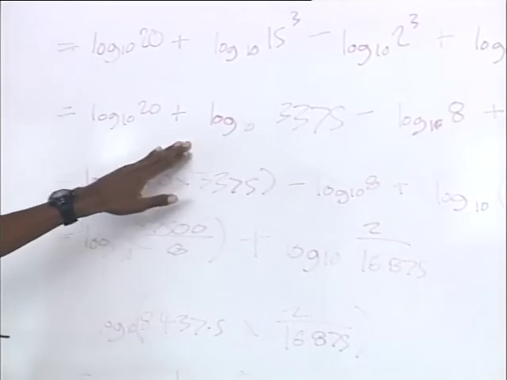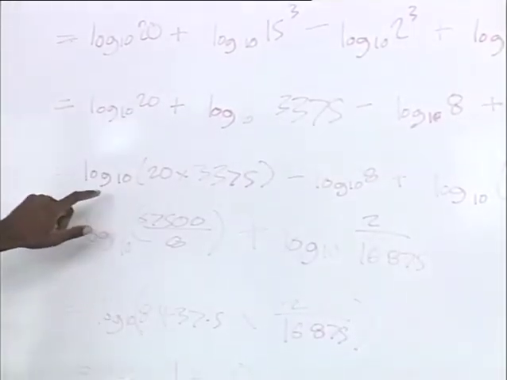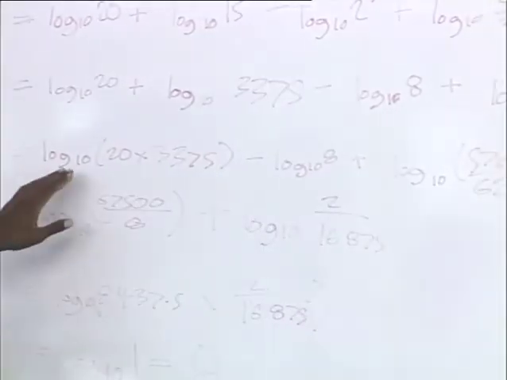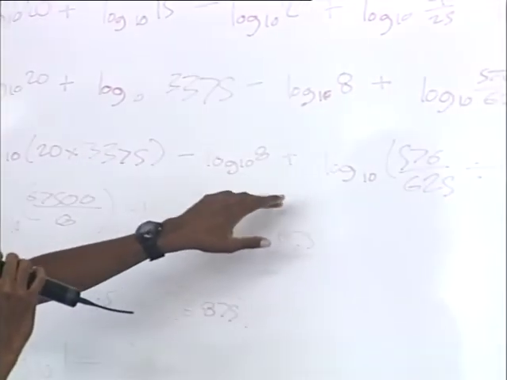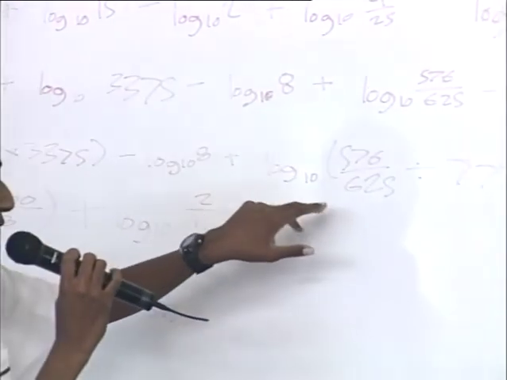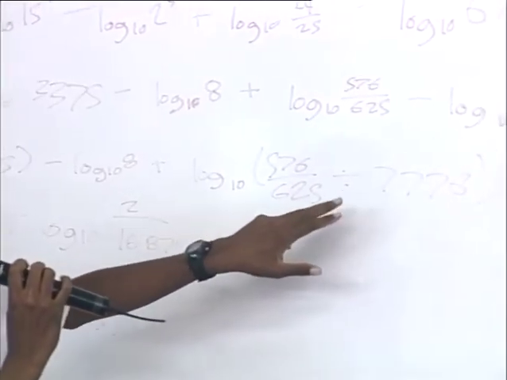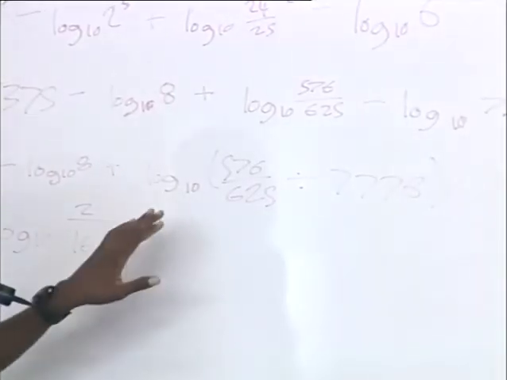Therefore, because these two were added, I multiplied, so it became log 20 times 3,375 to the base 10 minus log 8 to the base 10 plus log 576 over 625, I divided it by 7,776 to the base 10.